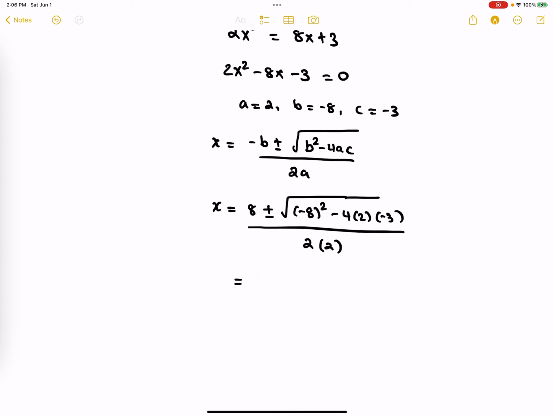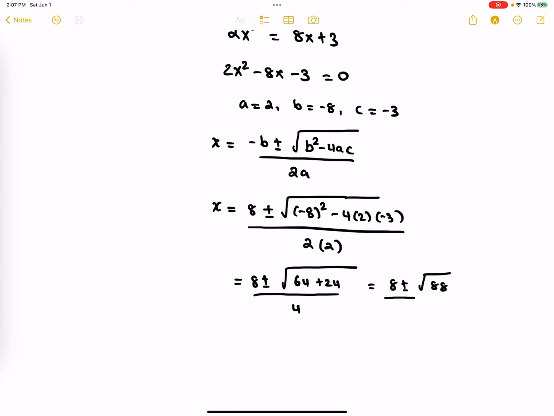So 8 plus or minus, I have to calculate the numbers inside: 64, 4 times 2 is 8, 8 times 3 is plus 24, because there is a negative there, over 4.